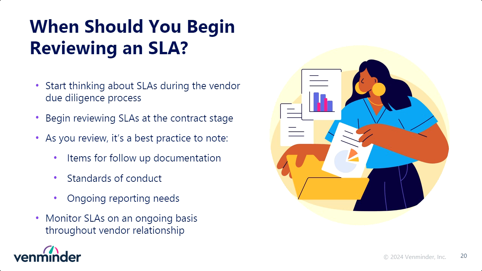And then lastly, you will review them or monitor them on an ongoing basis throughout the vendor relationship. So as you are reviewing the vendor and the contract and the SLAs, and however often you are receiving the SLA reports to show performance against the SLA, obviously you will want to review them at that time as well.